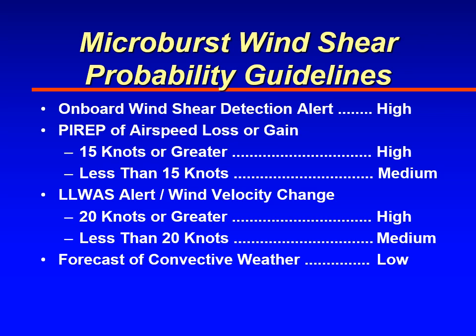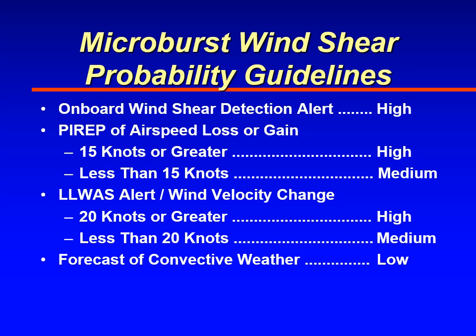If your indicated airspeed changes by less than 15 knots, it's a medium probability. And then so on and so forth. If the low-level wind shear alert system has a change of more than 20 knots across the anemometers, then there's a high probability, less than 20, medium. And then only if there's a forecast of convective weather, that is low probability.